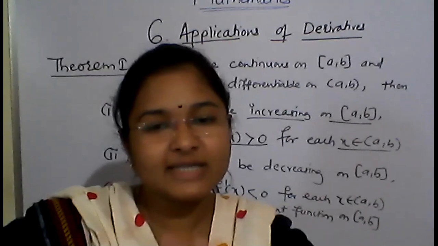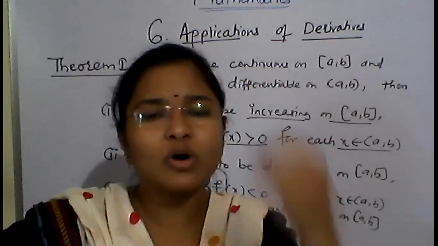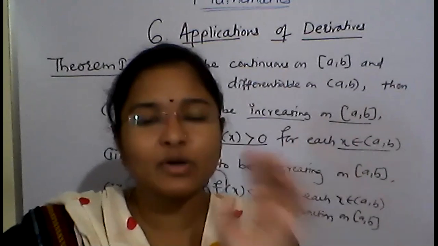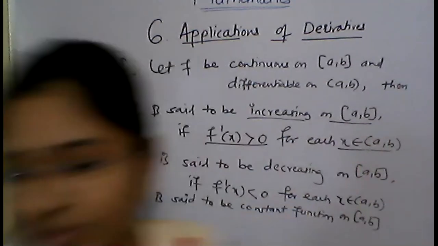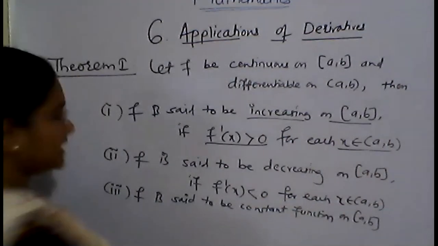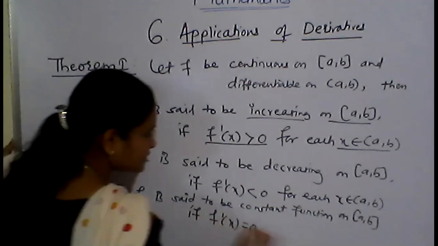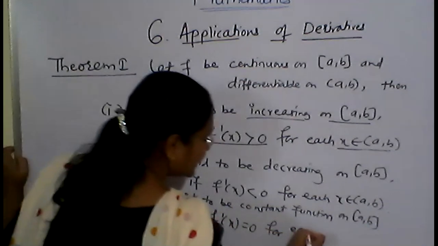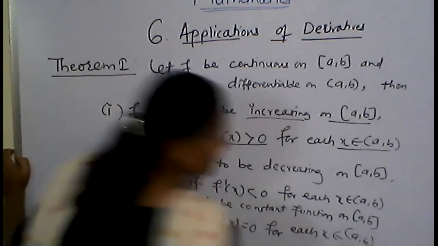The function is said to be constant on any interval, open, closed, or semi-open, semi-closed. The derivative will clearly be 0. You can write f dash of x equals to 0 for each x belongs to open interval a comma b.